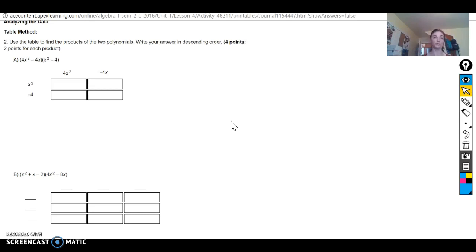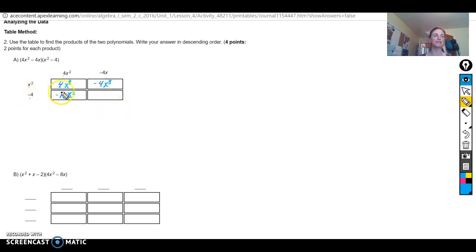Okay, so when we use the table method, and they've already set it up for us, it really makes it easy. It's exactly like you would imagine it here. I've got x squared and I've got 4x squared, and I'm going to multiply those 2 terms. When I do that, I get 4x to the 4th, okay? And now I've got negative 4 and 4x squared, so I get a negative 16x squared, okay? Negative 4, x squared times negative 4x gives me a negative 4x cubed.